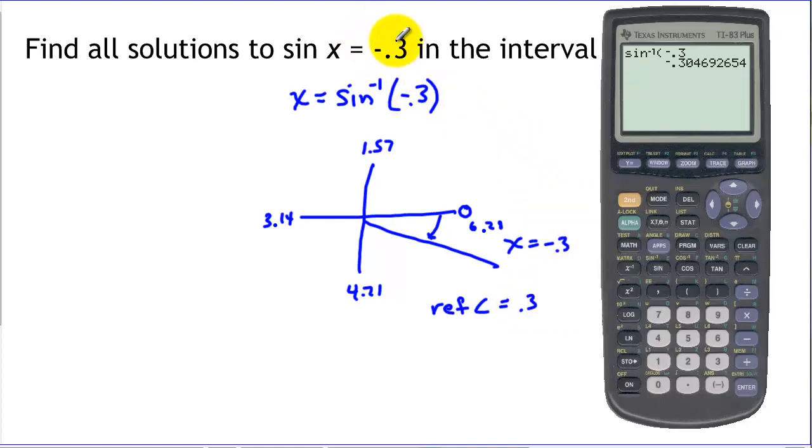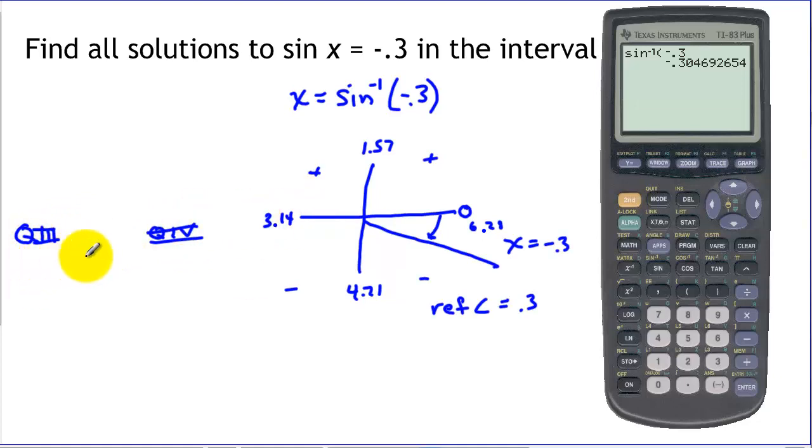Now, we're looking for places where the reference angle is 0.3, but in the right interval. So the sine, remember, sine is the y-coordinate, so the sine is positive here, it's positive here, it's negative and negative. So we're looking for a quadrant 3 solution and a quadrant 4 solution.